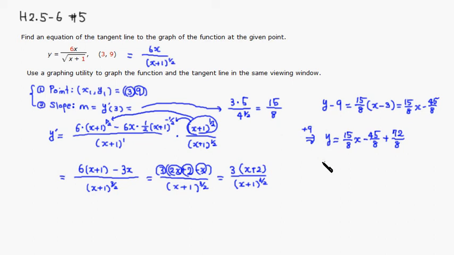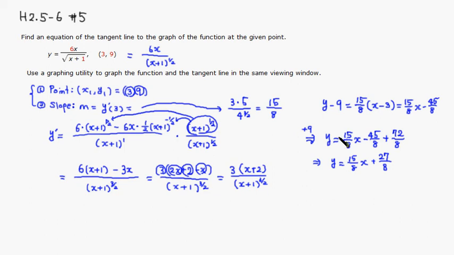So this can be simplified as y equals 15 over 8 x plus, common denominator is 8, 72 minus 45 would be 27.